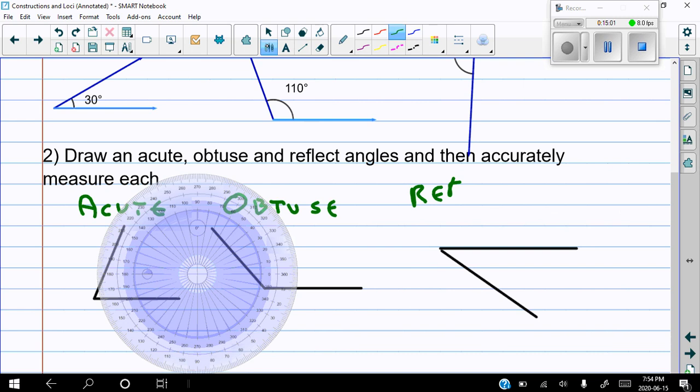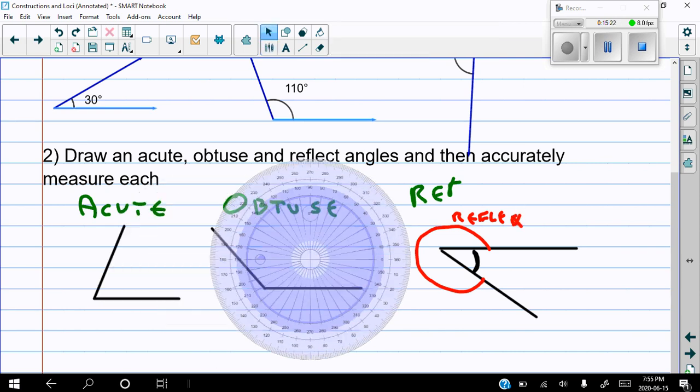Notice how this is the acute angle in black, and then in red would be our reflex. Okay, not reflect, reflex. Sorry.